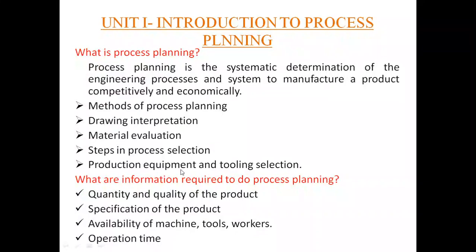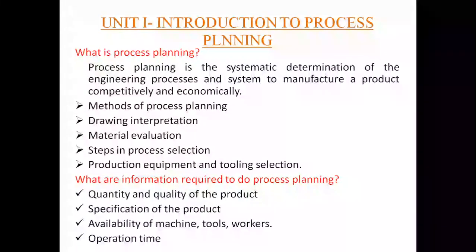And the final topic is production equipment and tooling selection. Depending upon the product and the operation, we have to select the suitable equipment. Equipment means machinery, and for tooling we have to select cutting tools, jigs and fixtures. In equipment, we consider technical factors and operation factors.